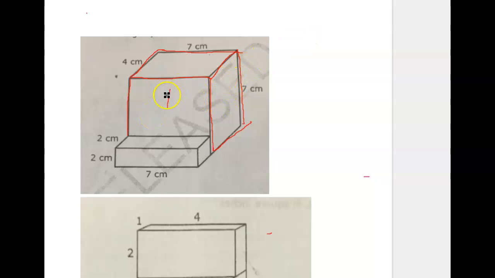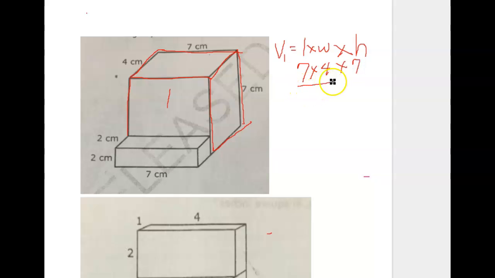Since we numbered this as box 1, we are going to find the volume of box 1, which is length times width times height. We always write down the formula because that is our guide. The length is 7, the width is 4, and the height is 7.